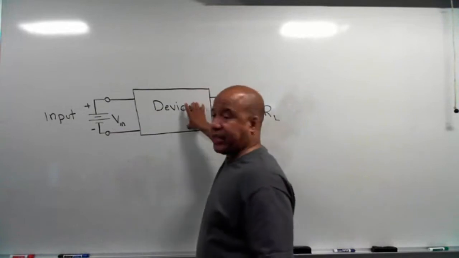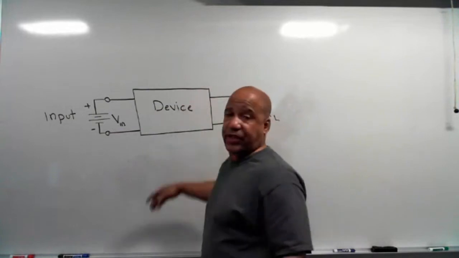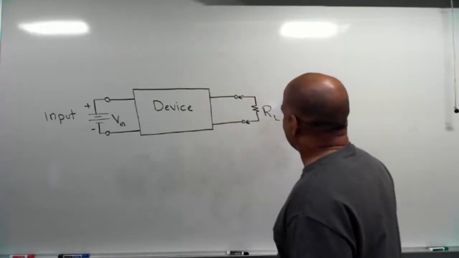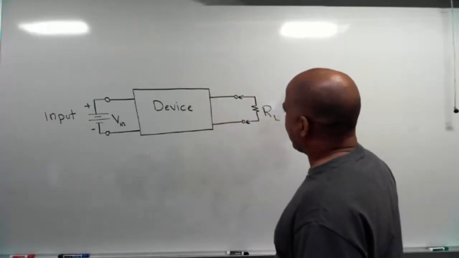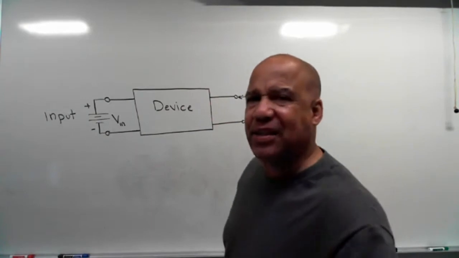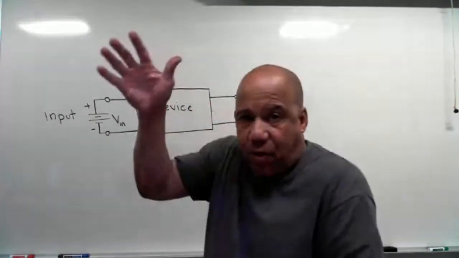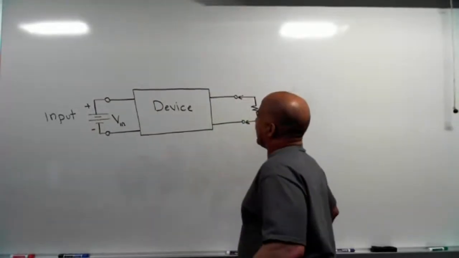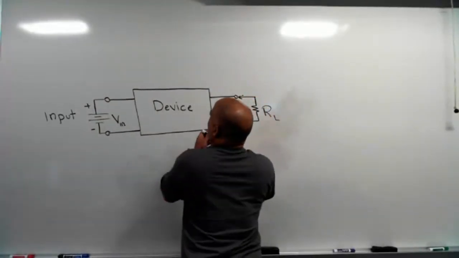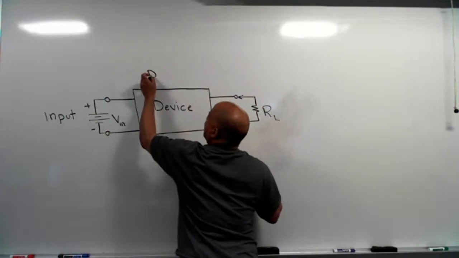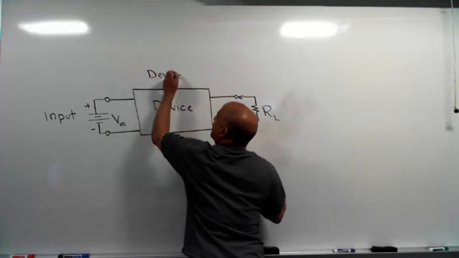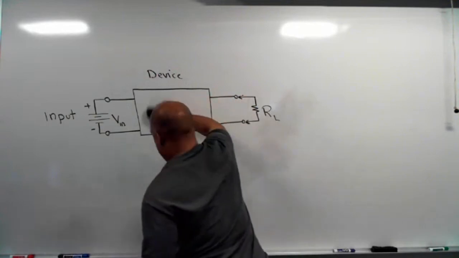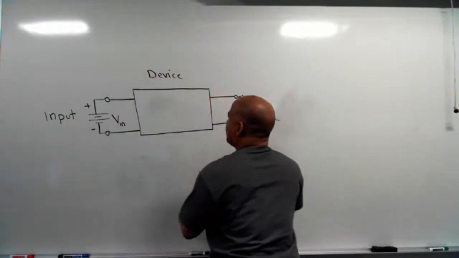So our device is just going to consist of resistors inside. Right now we don't know what's inside, but let's say we can take the cover off and peek inside to see how those resistors are connected. Let's say they were connected up like this.